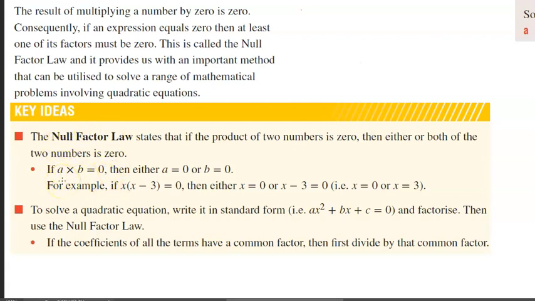Maybe both of them equal 0, we don't know. But at least one of them has to equal 0 in order for this equation to work. You can't multiply two non-zero numbers together that will give you an answer of 0. It's impossible to do. Okay, you can try two different negatives, two different negative decimals, it doesn't matter.